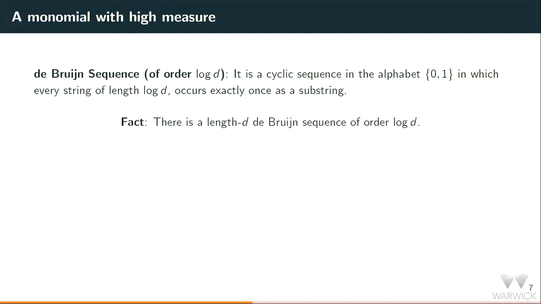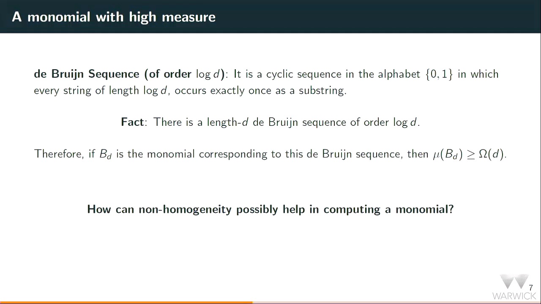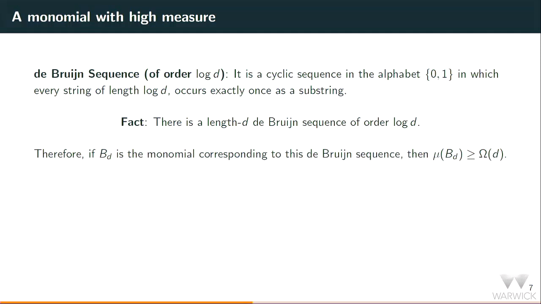And it turns out that there is a length d de Bruijn sequence of order log d, which is saying that essentially there are monomials of length d such that every log d length word appears in it exactly once as a substring. So now just look at the monomial which corresponds to this de Bruijn sequence, and you will get that its measure is omega d, and we have our lower bound.